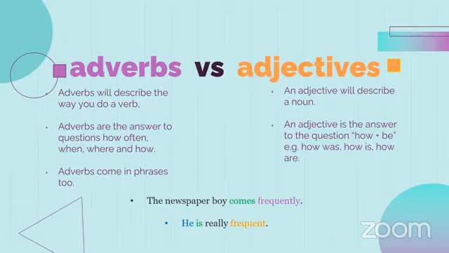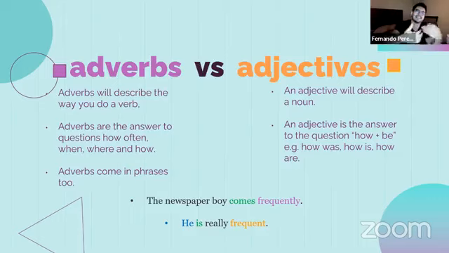By definition, a phrase is a group of words that together comprise the adverb, so it can technically be a group of words too.